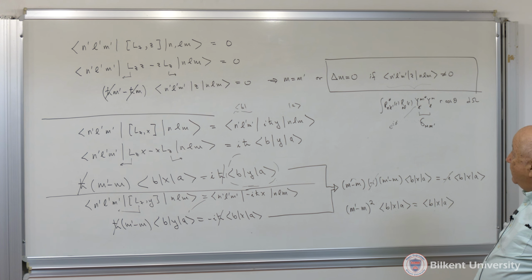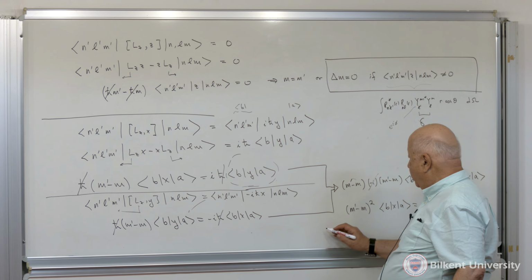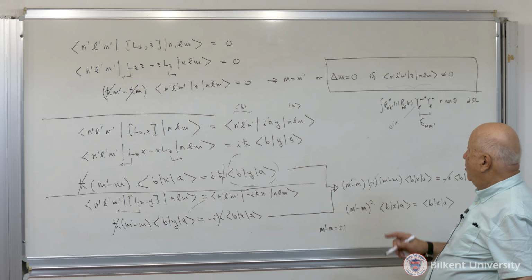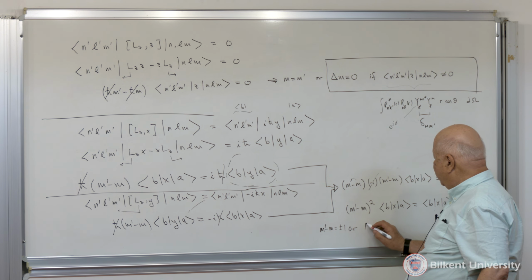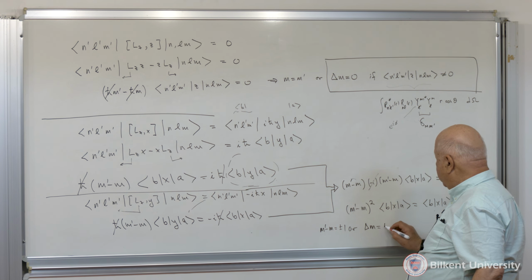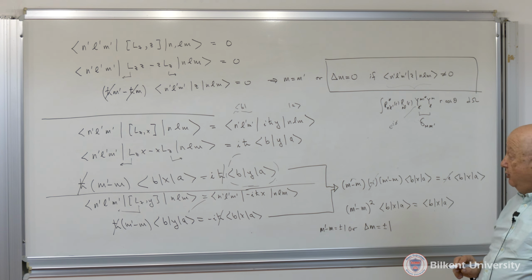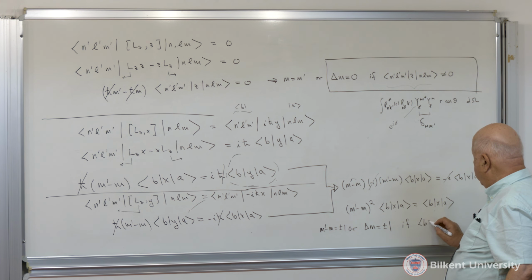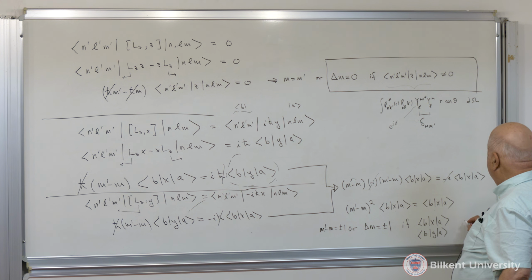So I need to have m' minus m equal to plus or minus 1, or delta m equal to plus or minus 1, if <B|X|A>, and also since they're just proportional to one another, <B|Y|A>, are not 0.